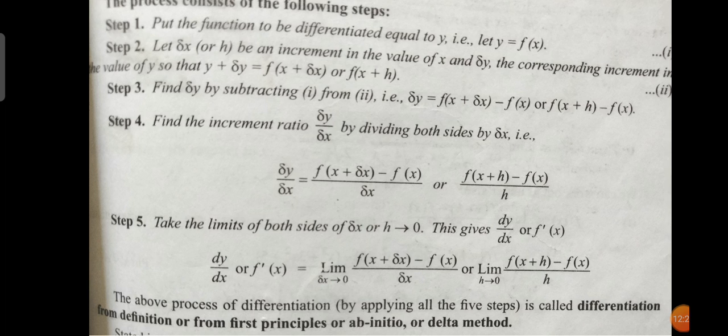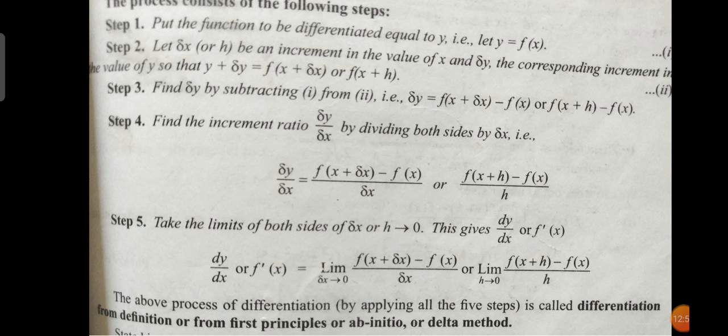You let the function be y, and let delta x, or delta h, be an increment in the value of x, and delta y the corresponding increment in the value of y, so that y plus delta y equals f of x plus delta x, or f of x plus h. That delta x can be written as h.